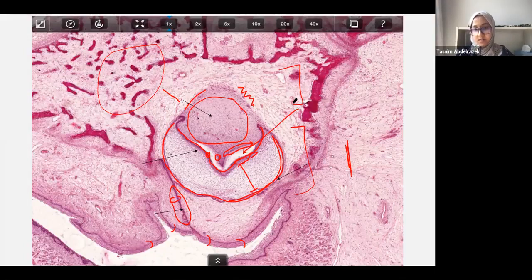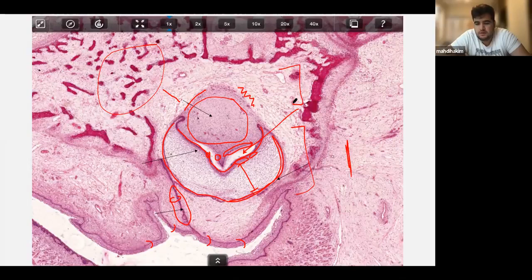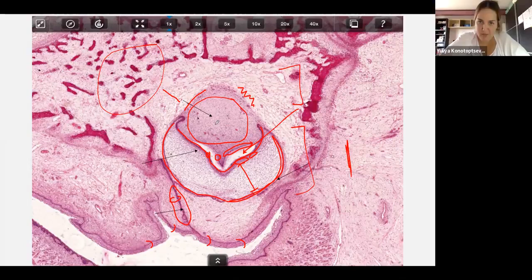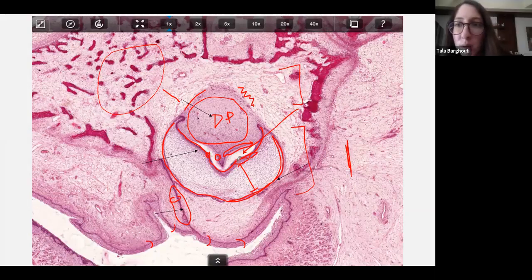Nope. Future dental pulp is here, because it's right in the center of the tooth. Guys, huge space between odontoblasts and future ameloblasts. Predentine? Nope.